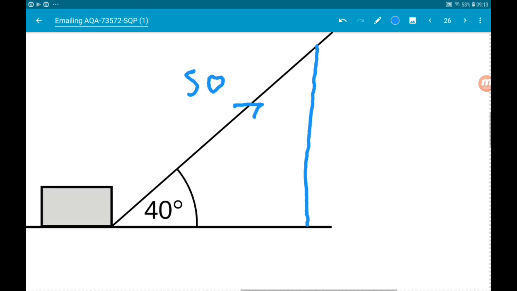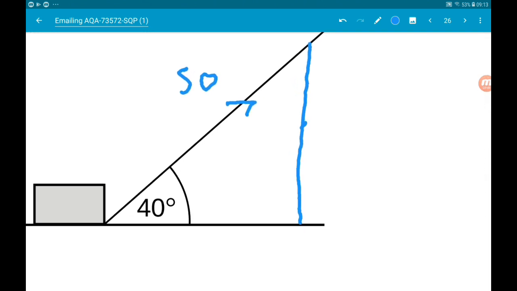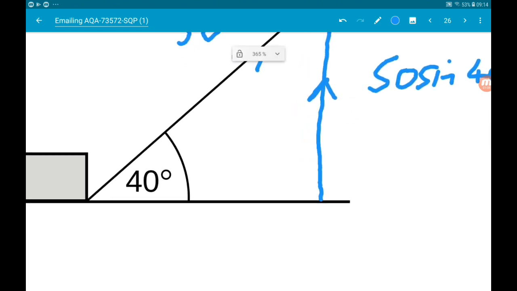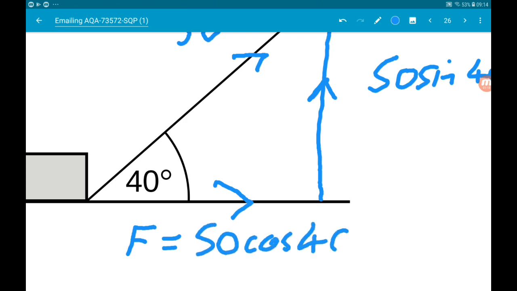So we can work out the vertical component using trigonometry. Sine of 40 would be the opposite divided by 50. So the opposite is 50 sine of 40. Very similarly, the horizontal component, let's call it F, is going to be 50 cos of 40.